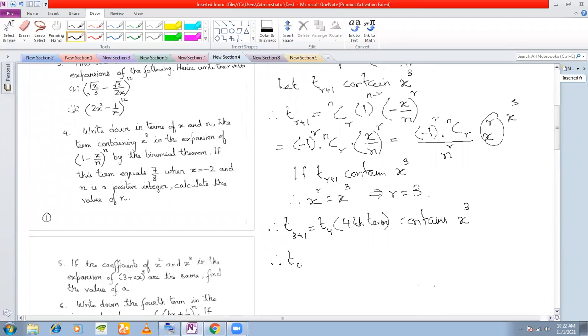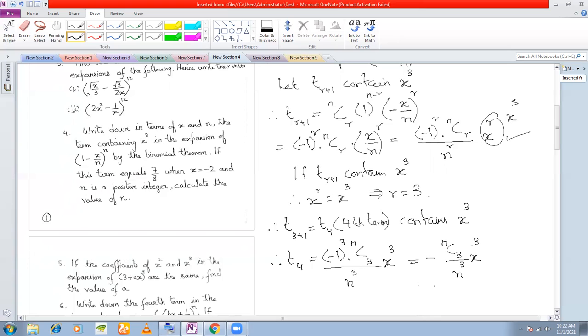Therefore, T4, putting the value of r here, is equal to minus 1 cube into nC3 divided by n cube into x cube. Minus 1 cube is minus, so minus nC3 by n cube x cube. So this is our fourth term which contains x cube.